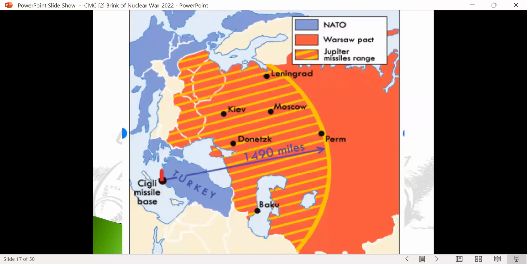Warsaw Pact, you know this: the satellite states under the control of the Soviet Union. And this is the missiles' range. It can hit Moscow, it can hit Leningrad. So these are the USA's missiles planted facing this way.